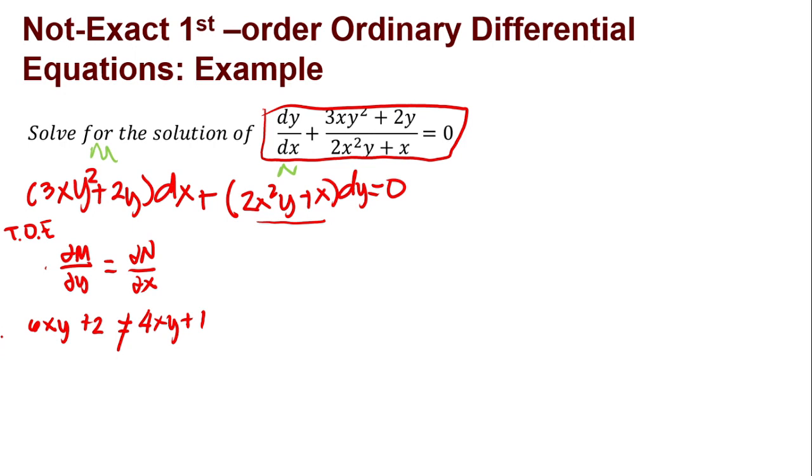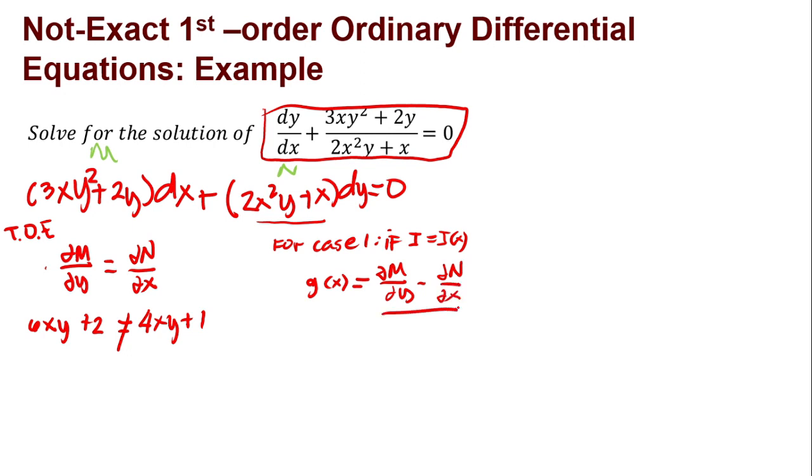For case 1, if our integrating factor is purely a function of x, we have g of x equals the partial derivative of M with respect to y minus the partial derivative of N with respect to x, divided by N. So we substitute the values.